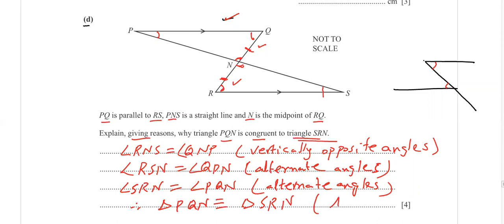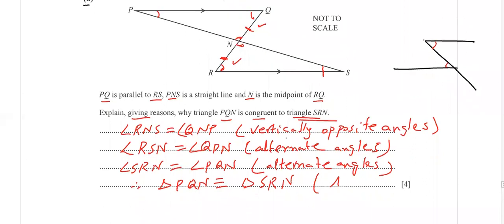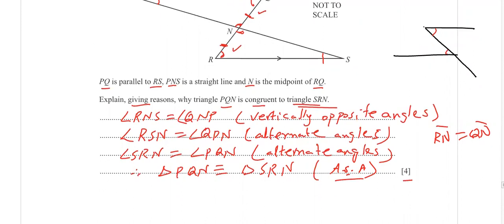And one more thing you can add, because 4 marks are there: add that also. RN is equal to QN. The 4th thing also, RN is equal to QN. So we can use the angle, side, angle postulate: one side and two angles. So due to this reason, we give the detailed reason why these triangles are congruent triangles.